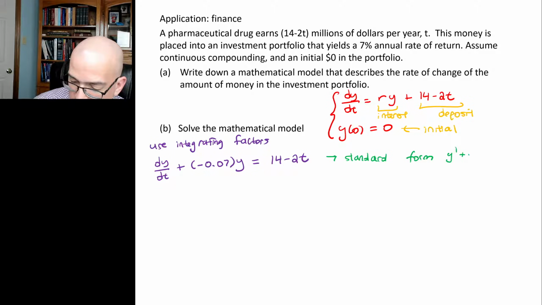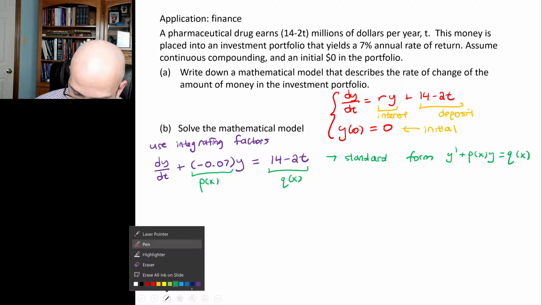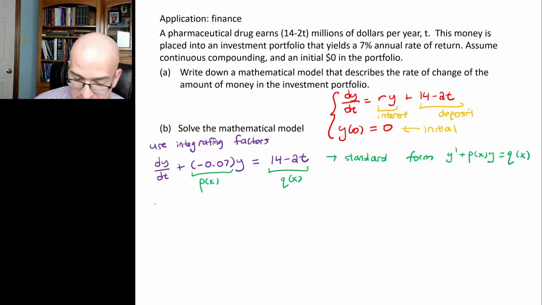y prime plus p of x times y is equal to q of x. So negative 0.07 is our p of x, and 14 minus 2t is our q of x. So we're going to obtain the integrating factor. To do that, we first integrate p of x.